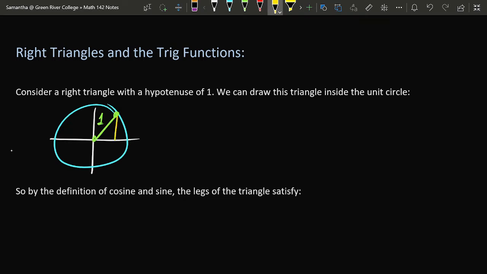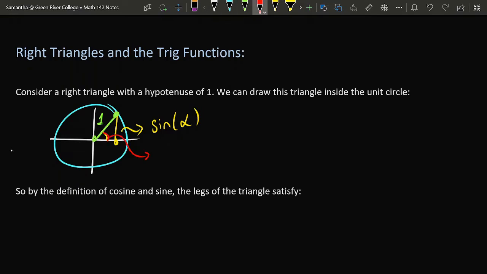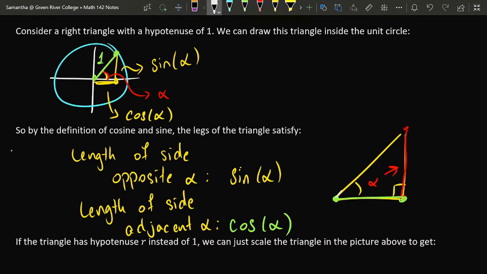And in this drawing, the length of the vertical side of this triangle would be equal to sine of alpha, where alpha corresponded to the angle in this bottom right corner here. Meanwhile, the horizontal leg of the triangle would be equal to cosine of alpha. This was true specifically if you had a right triangle with a hypotenuse of 1.